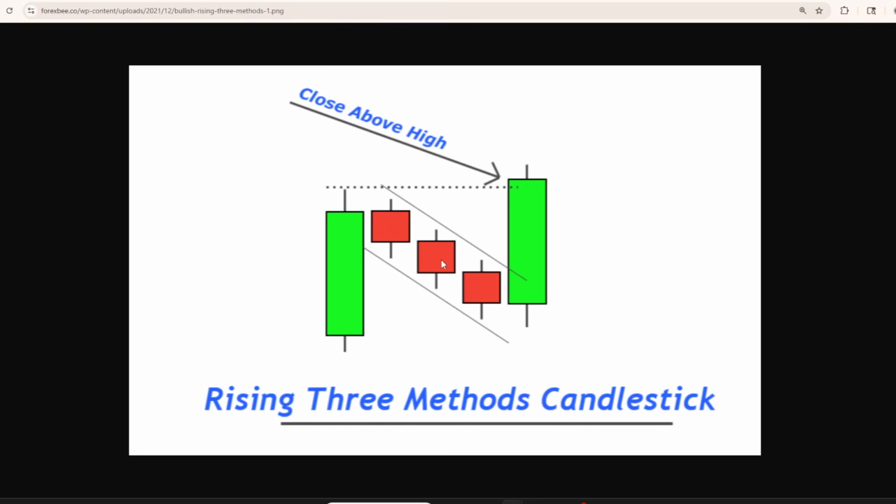But you have a series of small bodies after the large advance representing consolidation, and they stay within the range of that first candle. You think of the first candle as like a mother bar. And what you see with the Rising 3 methods then is another big candle that closes back above the high of the first mother bar.